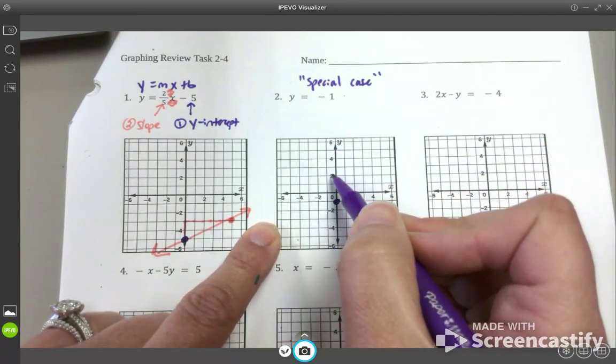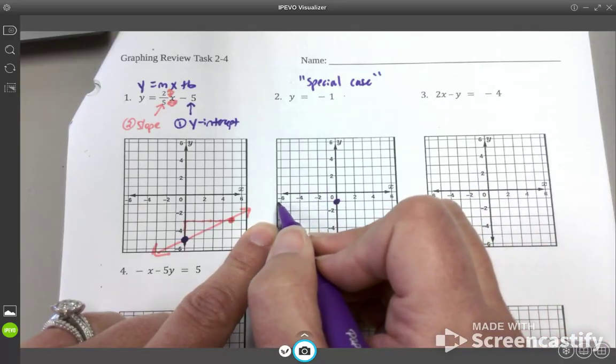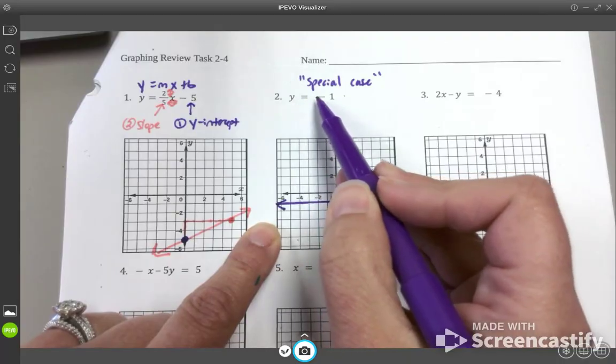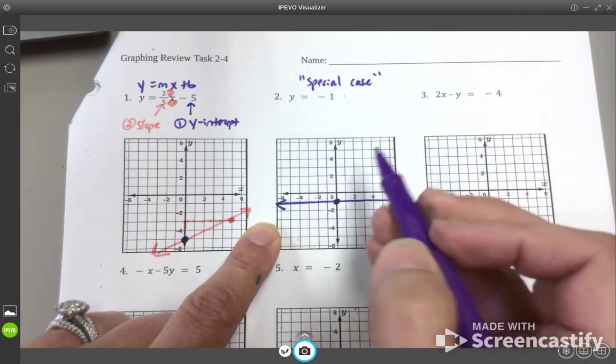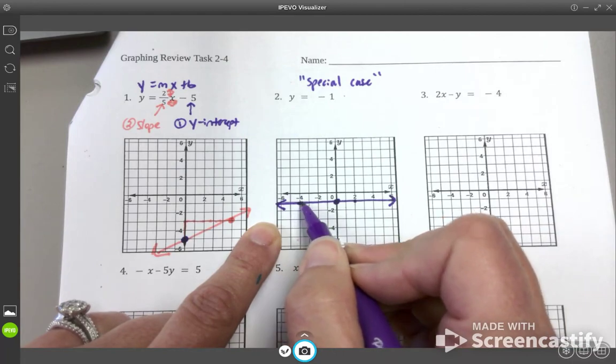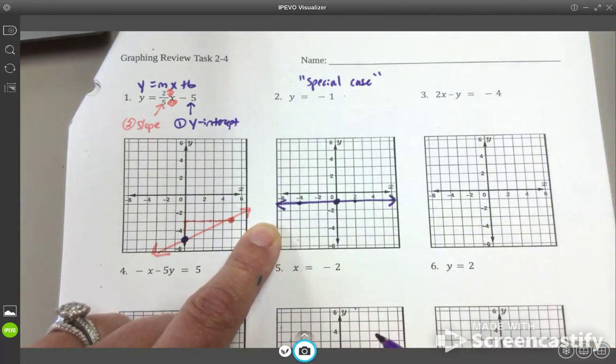Horizontal. And again, if you're not sure, then you think of more ordered pairs that have a y of -1, over 2 down -1, over -4 down -1, and I would see that horizontal line.